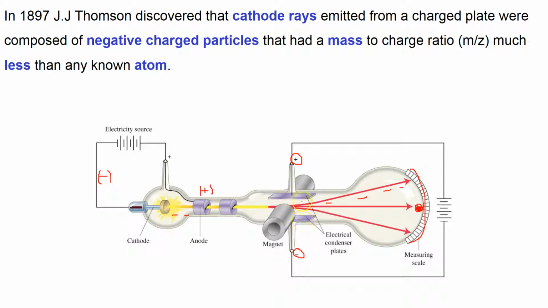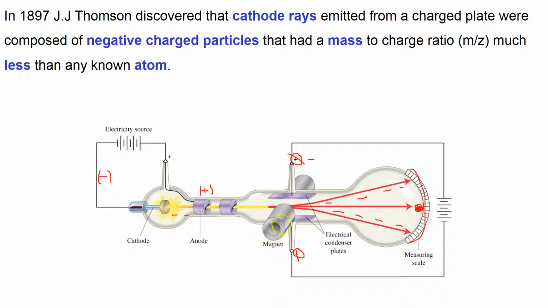By varying the charge on these plates, he could move this beam up and down to a greater and lesser degree, and he had a scale on here, and he was able to measure how far it was deflected. By flipping the charges on these plates, he could get his beam to go down in the other direction as well.